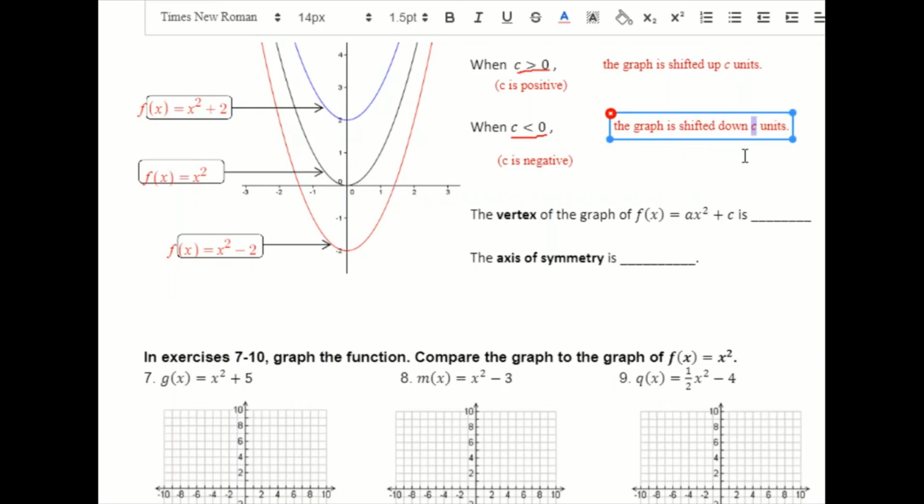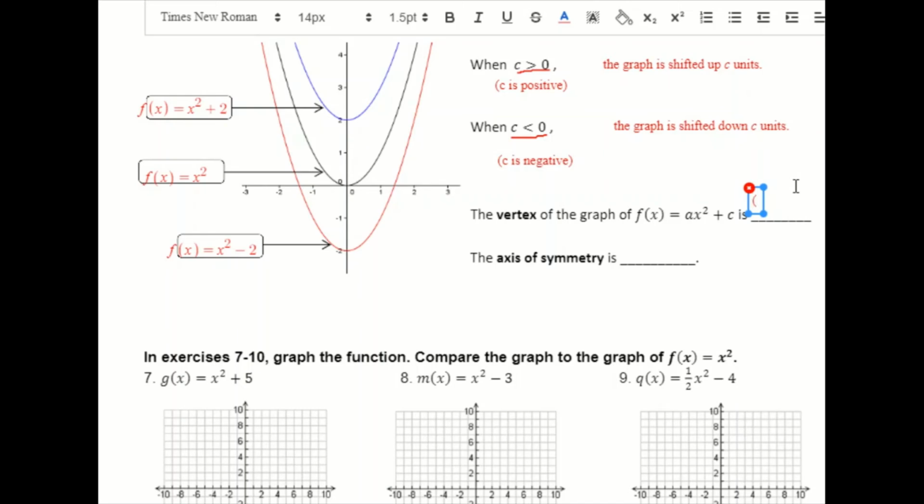When your b value is 0, then we've noticed that the vertex stays on the y-axis, and next time we'll get into how to deal with when you have a b value that's not 0. But for today, the vertex is going to lie on that y-axis, and it's always going to be equal to the y-intercept, which is c.